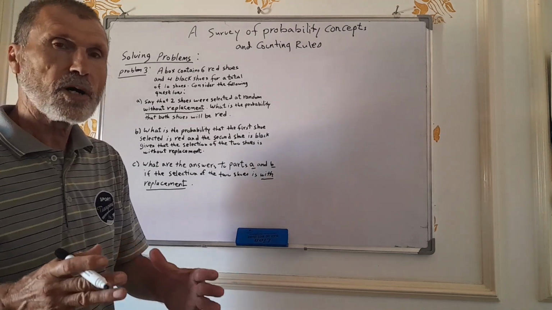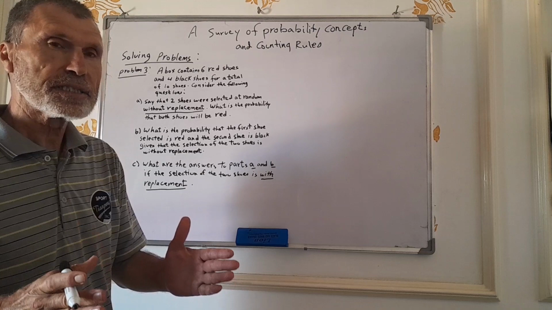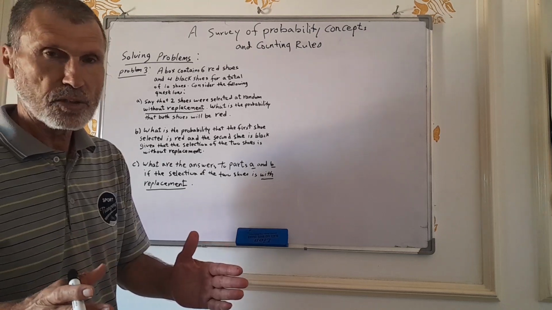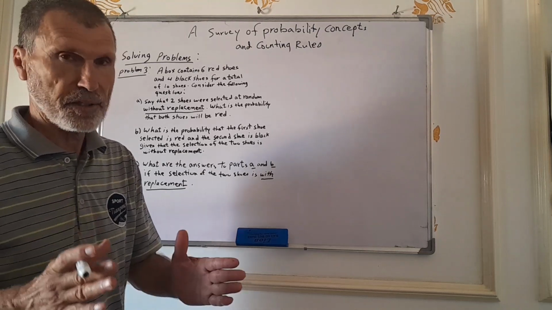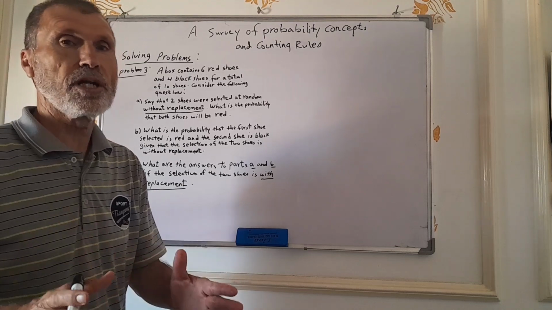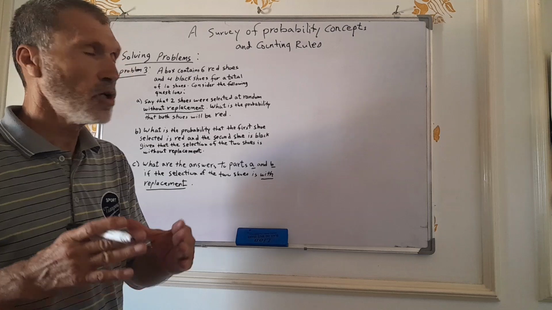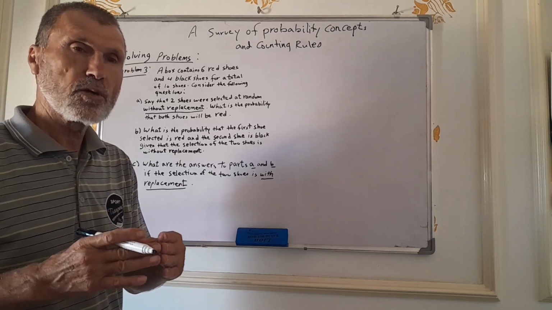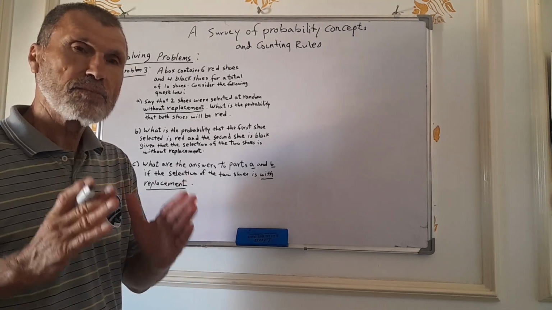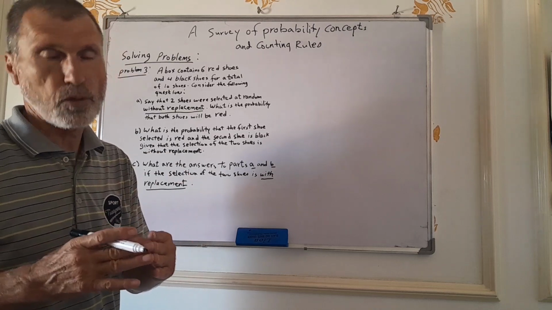Therefore, they are not independent, they are dependent. So we have to use the general rule of multiplication, which says the probability of both occurring is equal to the multiplication of their individual probabilities.